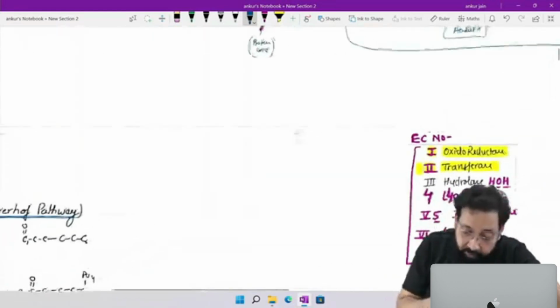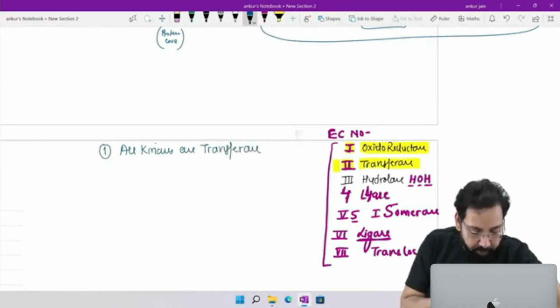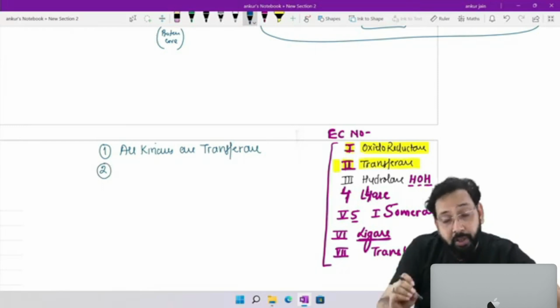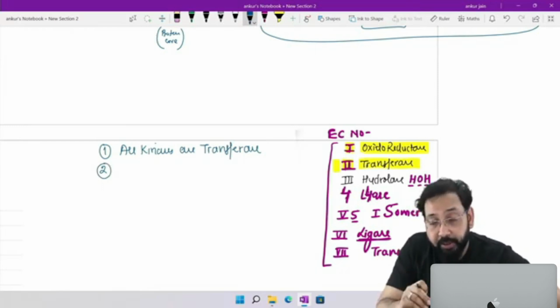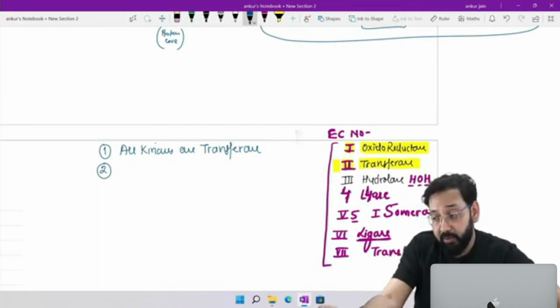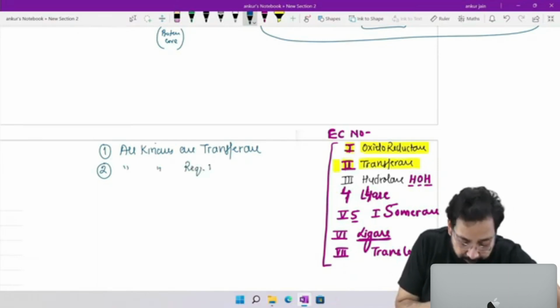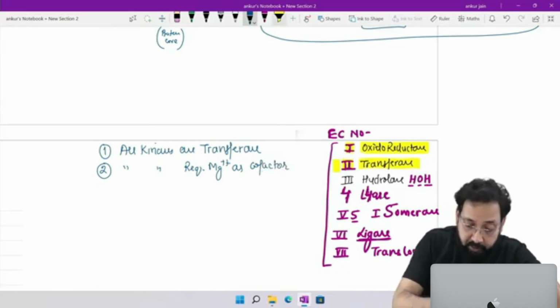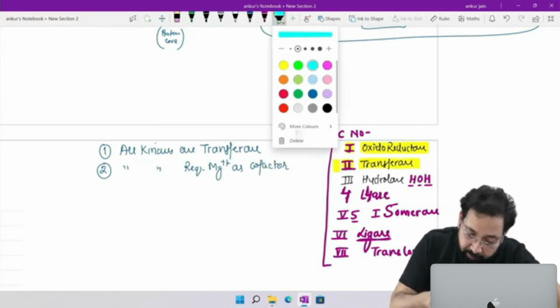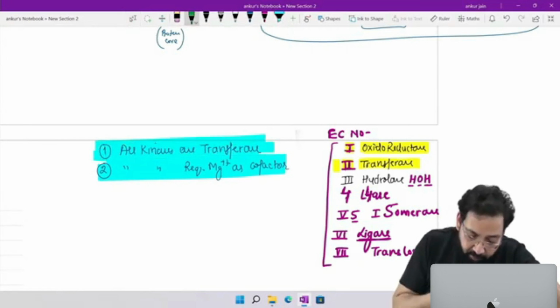Now you will write in the right corner: all kinases are transferase, like hexokinase, phosphofructokinase, glucokinase, phosphoglycerate kinase. All kinases require magnesium as cofactor. This is a frequently asked question.